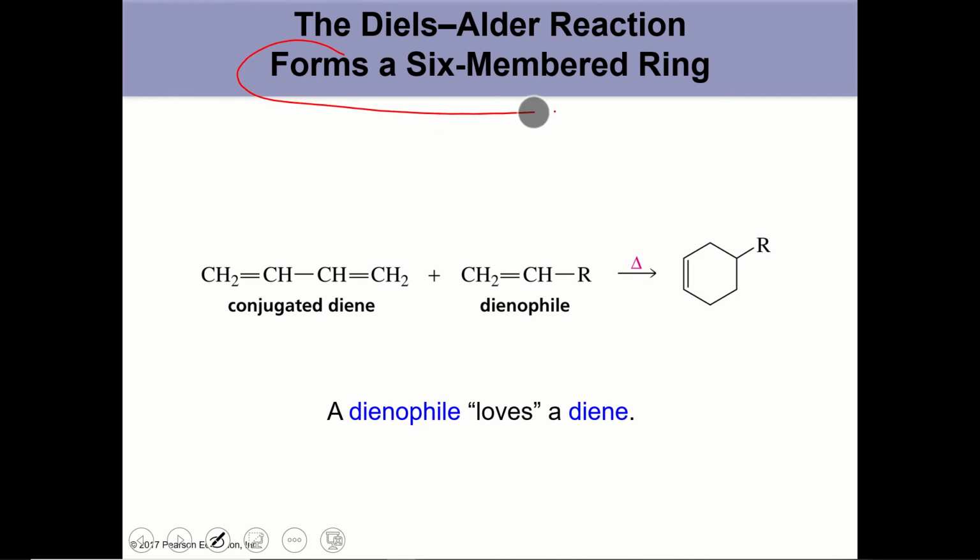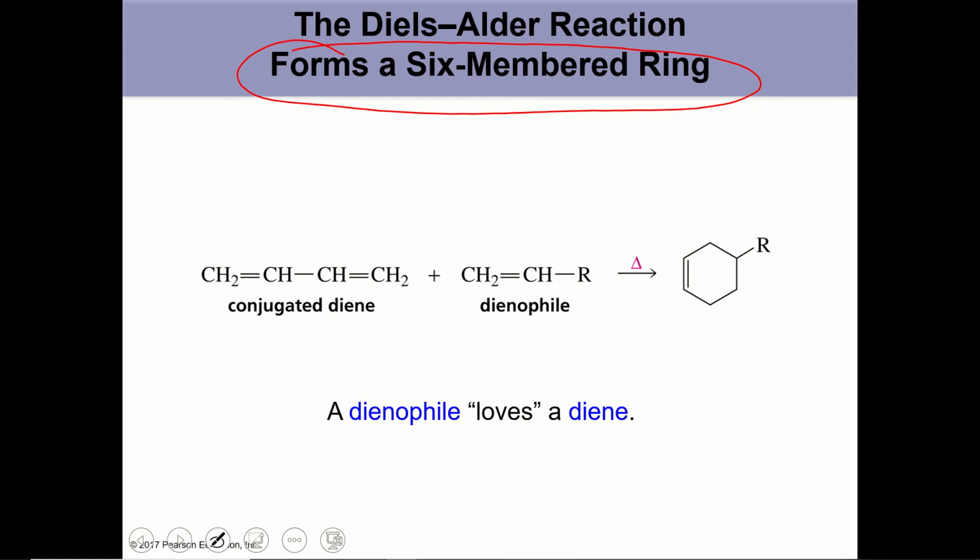So it always forms a 6-membered ring, and we have a conjugated diene plus another, let's say a monoene, just an alkene with 1 pi bond. And these two react to form the 6-membered ring.